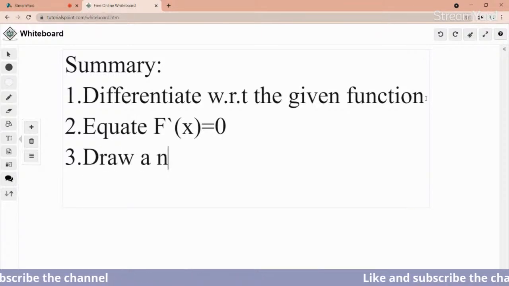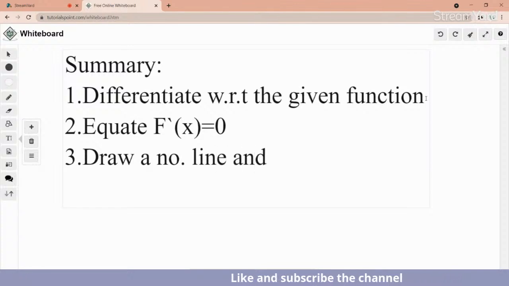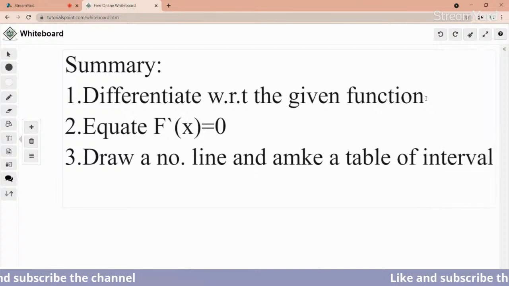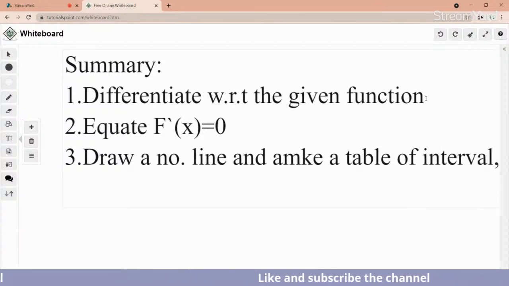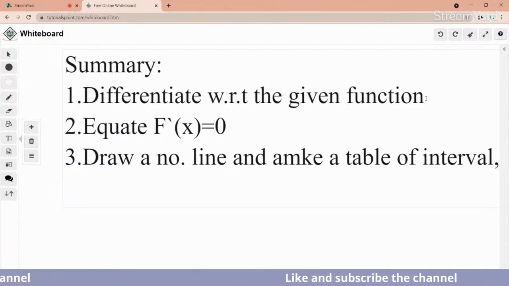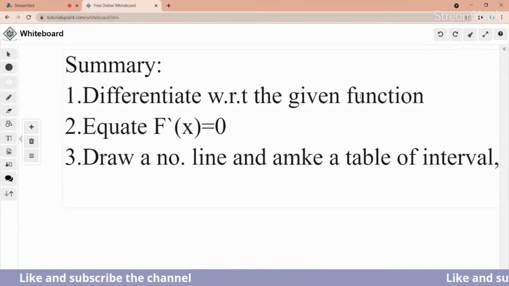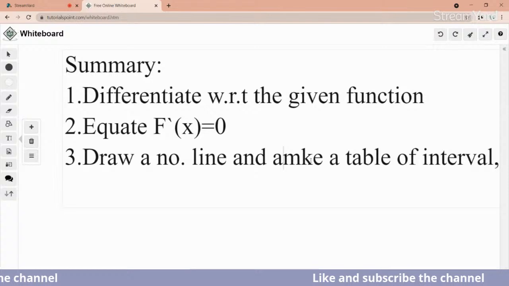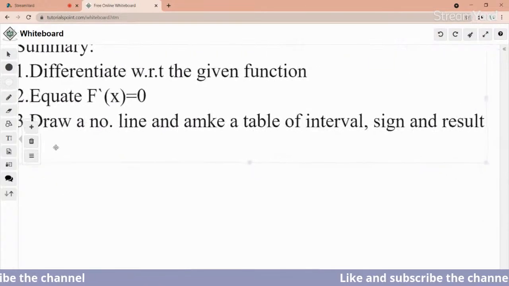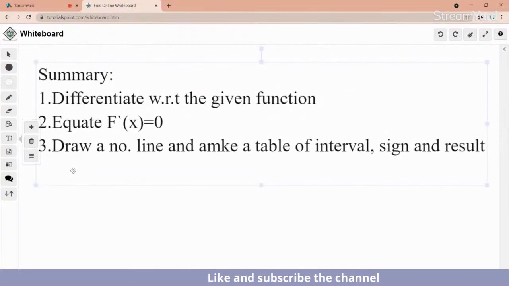and make a table of interval, sign and result.